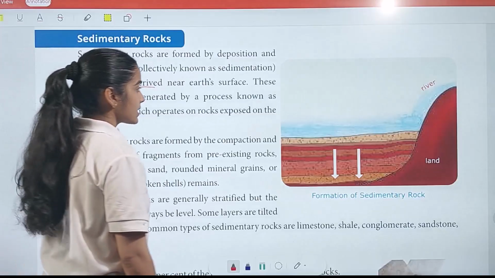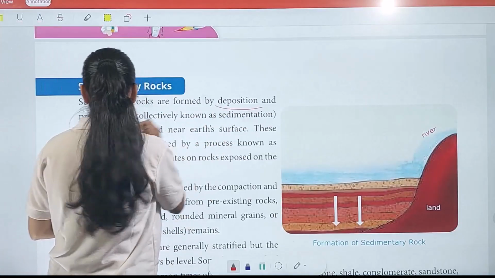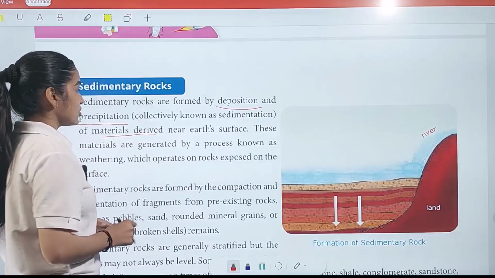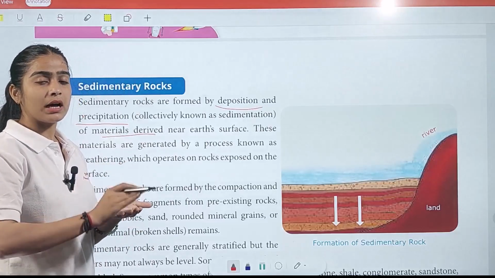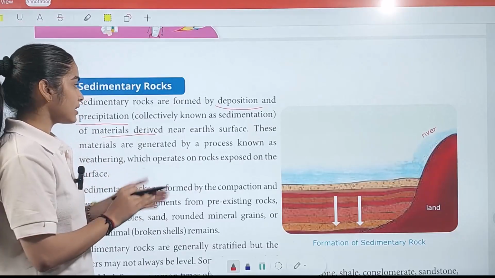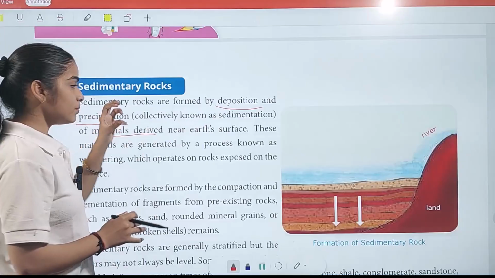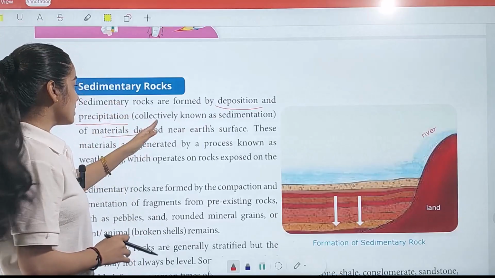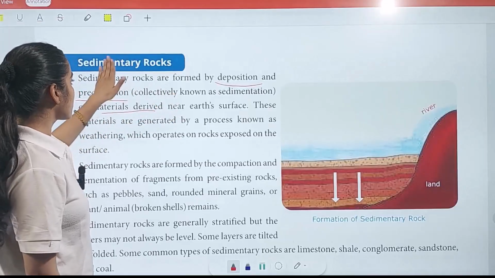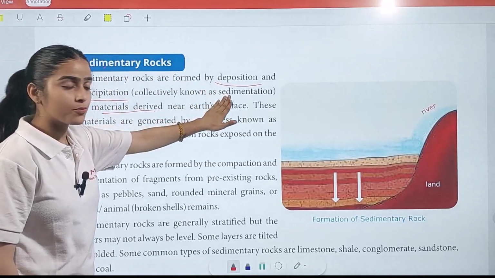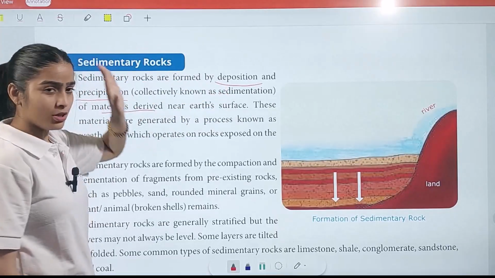So sedimentary rocks are formed by deposition, meaning the collection of something on something again and again, in layers, and precipitation of particles, collectively known as sedimentation. When rocks form through the process of sedimentation, they are referred to as sedimentary rocks.